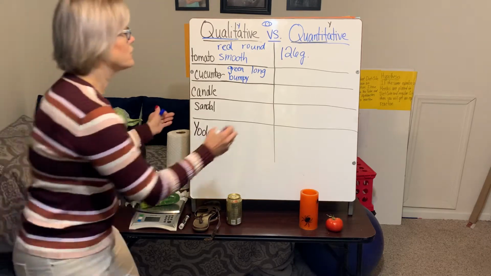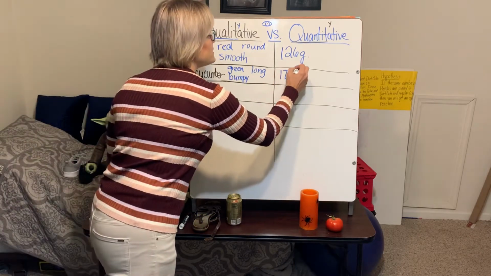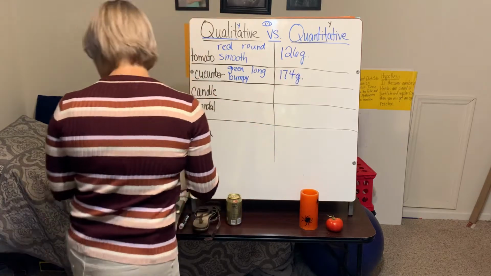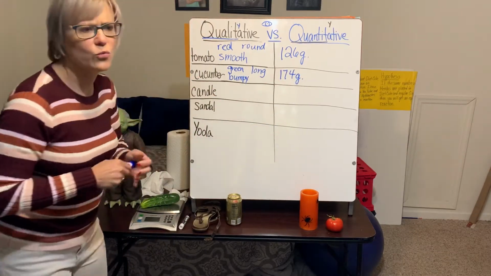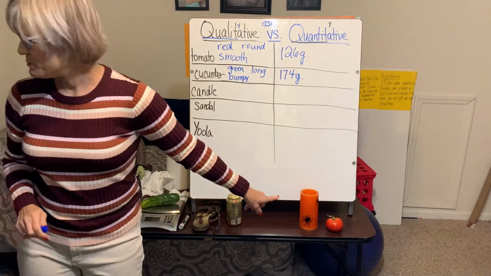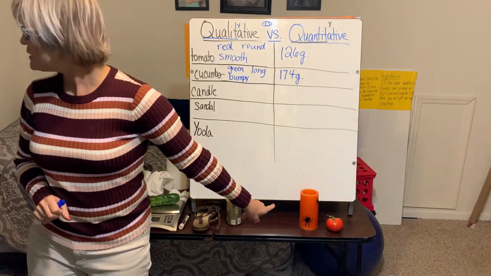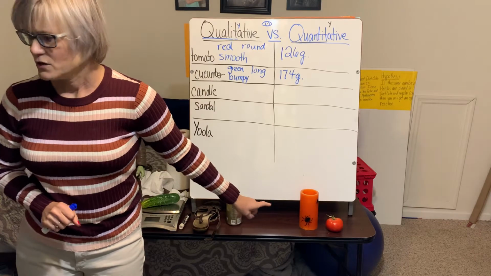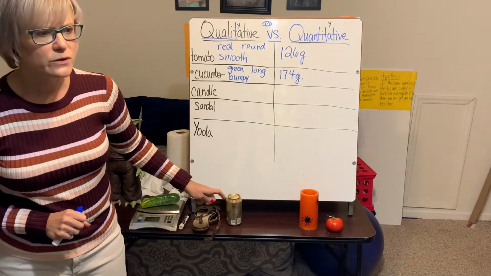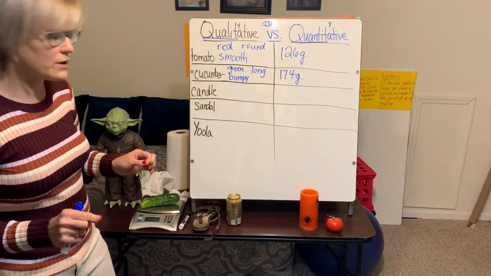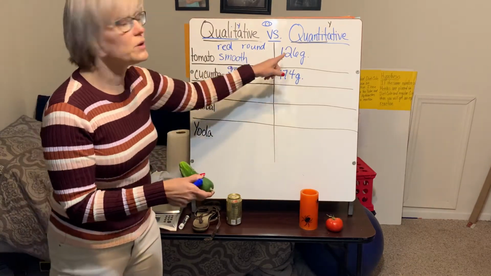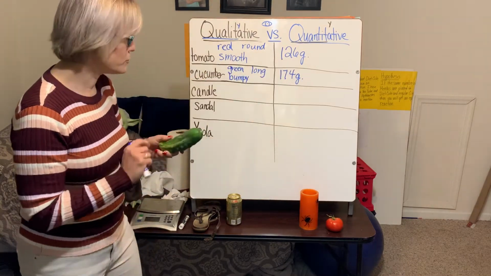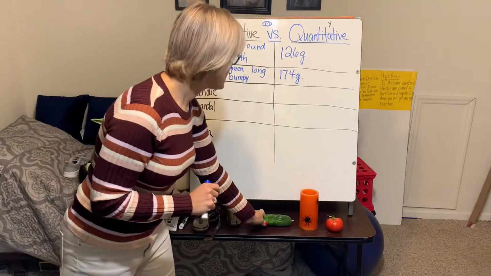And it is 174 grams. All right, I could also measure that with, now it would be difficult to measure my tomato, and I'm not finding my ruler right now. I could also measure that with my ruler and tell how long it is, and that would be another quantitative measurement for the cucumber.